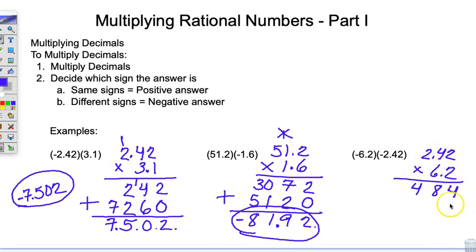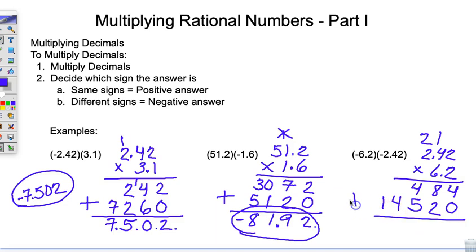Again, I have to move in a place value, so I'm going to put a 0 for a placeholder under the 4. I'm going to start with this 6 times this 2 is 12. Carry the 1. 6 times 4 is 24, plus 1 more is 25. Carry the 2. 6 times 2 is 12, plus 2 more is 14.